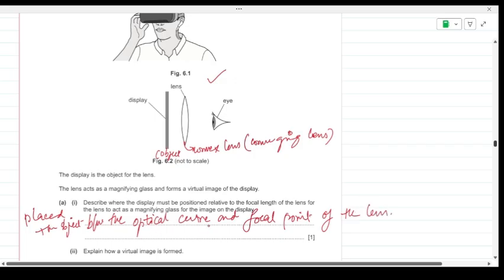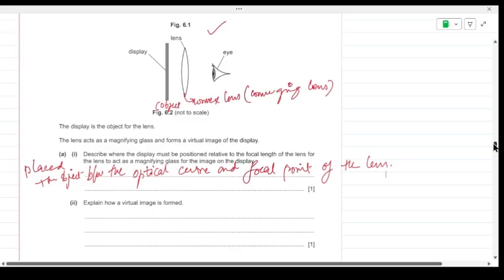Place the object between the optical center and the focal point of the lens to get the magnified image, or to form a virtual image of the display.